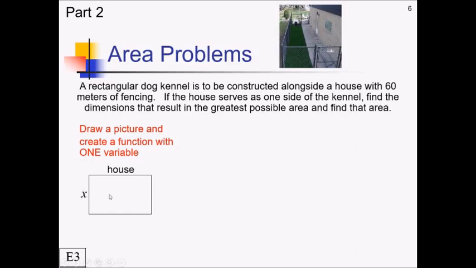And I do know that this other side here, since it's the same length, since it's a rectangle, must also be x. But how about this other side? How can I describe this side in terms of x? I mean, I guess I could call this other side y, but it'd be nice to have one variable. Because if you only have one variable, you can actually make a function that you could find a maximum value for.